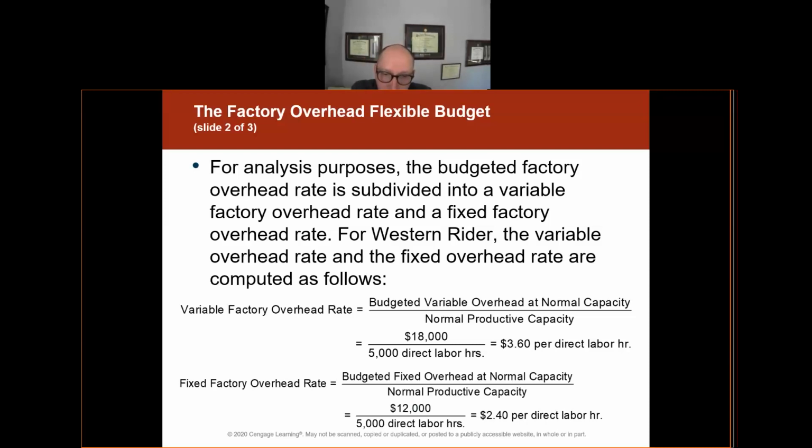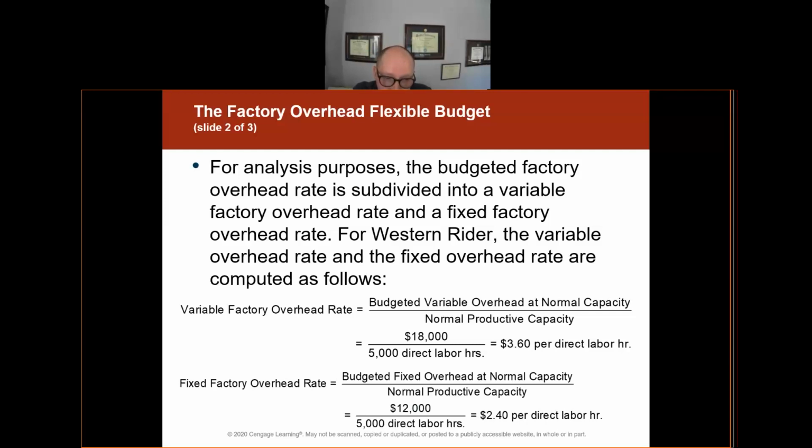So $18,000 of variable overhead, that's at 100%, divided by the 5,000 planned hours, that's $3.60 per direct labor hour of variable factory overhead.